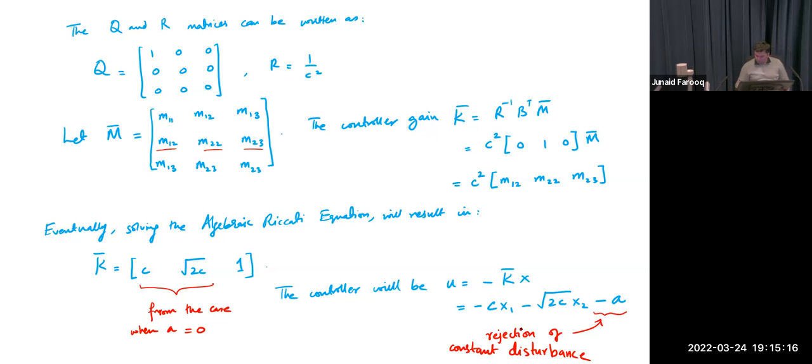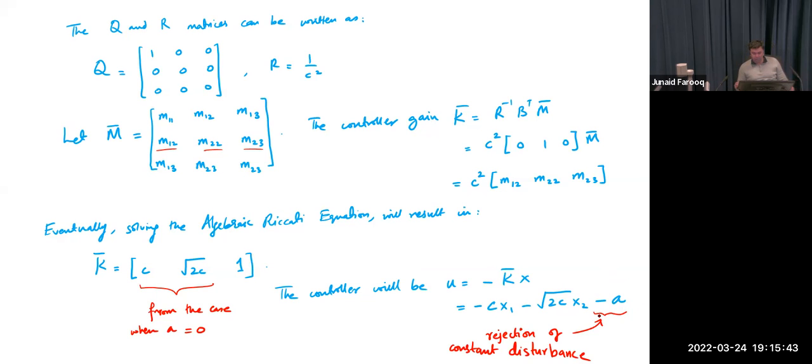Right? So the good thing about the LQR controller is if there's a constant disturbance in the system, that disturbance gets canceled out by the feedback controller. So we didn't have to go through all this procedure. We could simply find the controller without A, and at the end we can append this piece here.